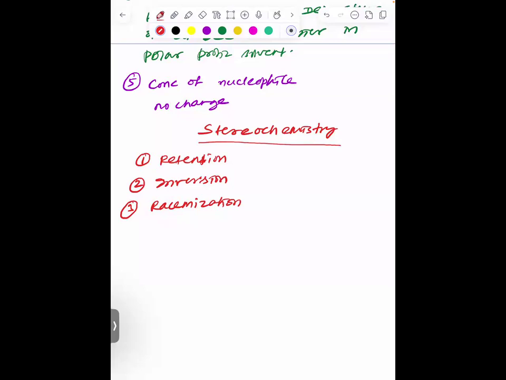Retention means the nucleophile will be substituted at the position where the leaving group was present.